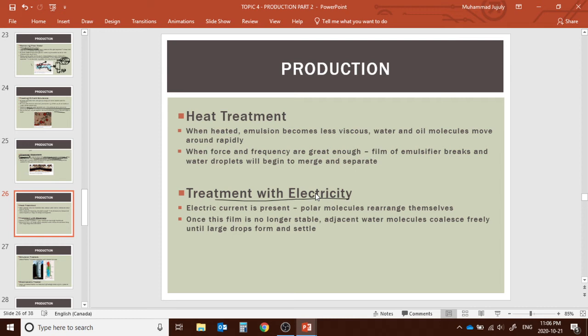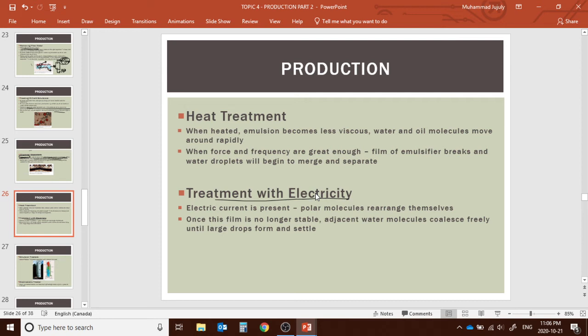But we also have newer technology. You can use electricity, and sometimes you can also use acoustic technology to demulsify the coalescence. The treatment with electricity is very simple, as you know.